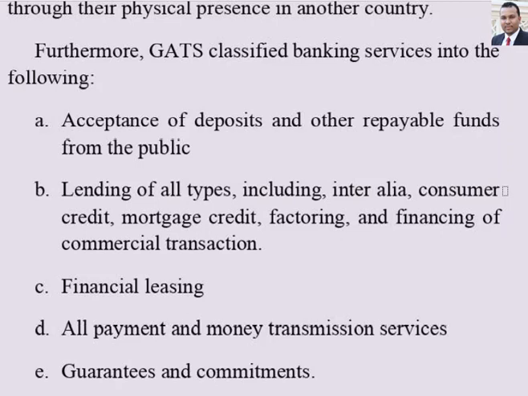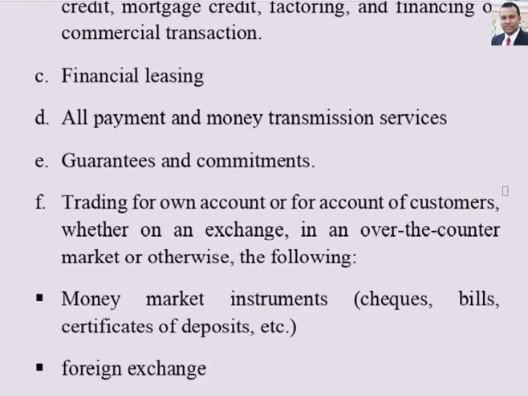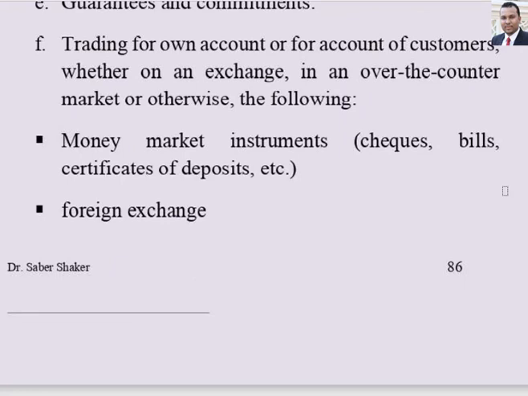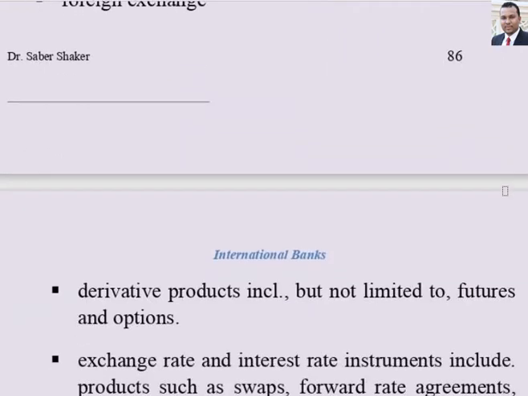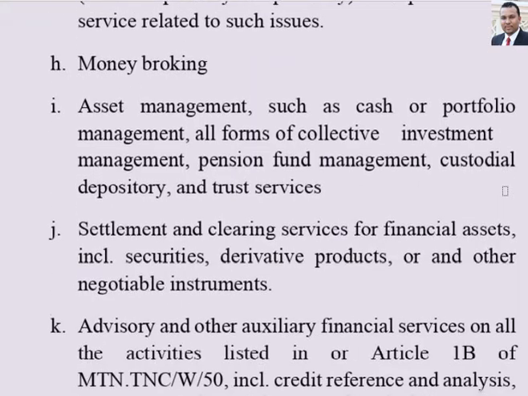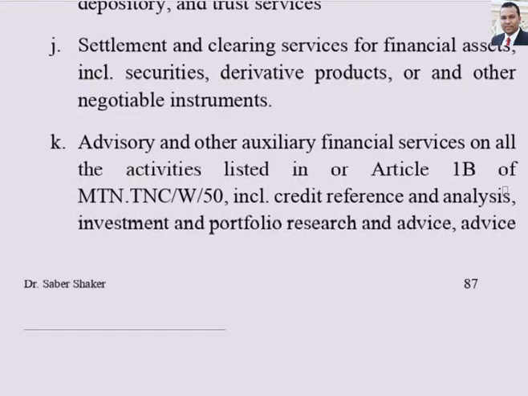So GATS classified banking services into the traditional classifications for banking, like acceptance of deposits, lending, leasing, all payment guarantees, and trading for own account or for the account of customers, in the money market, foreign exchange, derivatives, securities. So in this case, we talk about the classification of banking services as a subsector in the case of GATS.